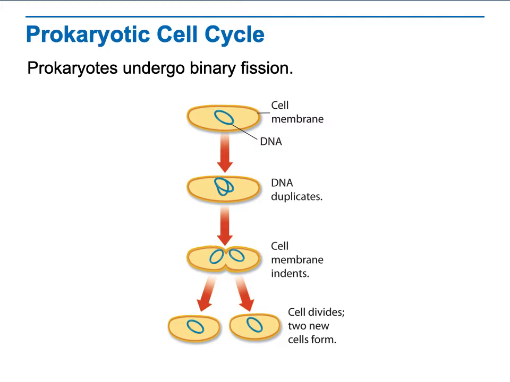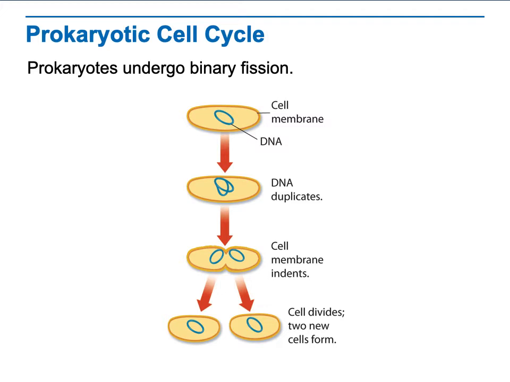But why do they need to duplicate their DNA? Simple. The cell duplicates its DNA so that each daughter cell will have a complete copy of the original cell's DNA, so that the copy will be exactly the same as the original cell.